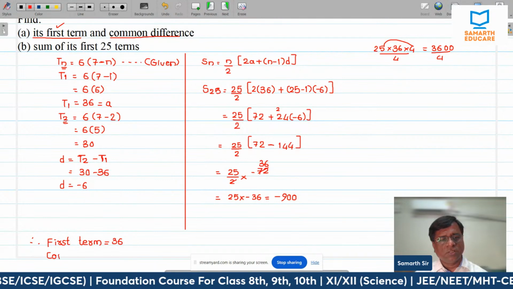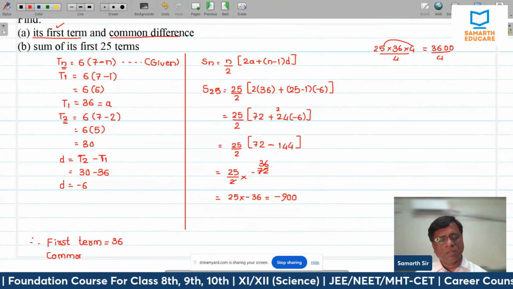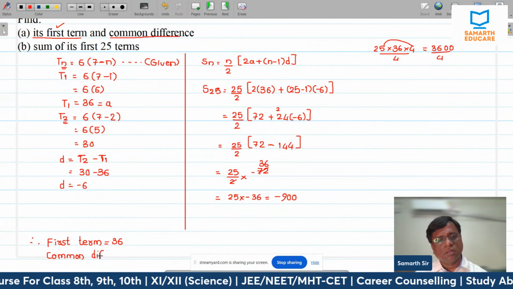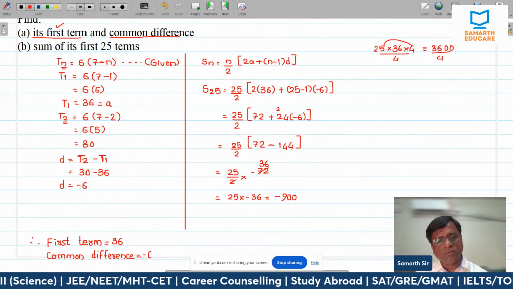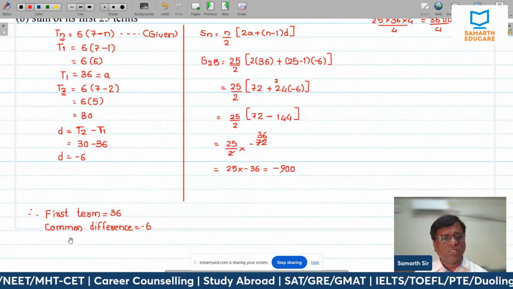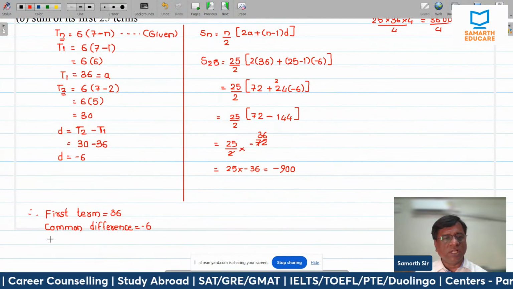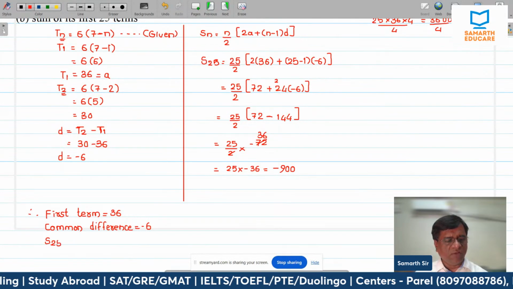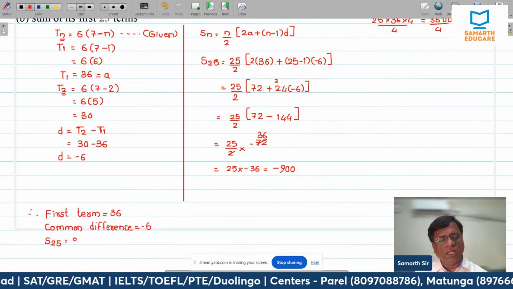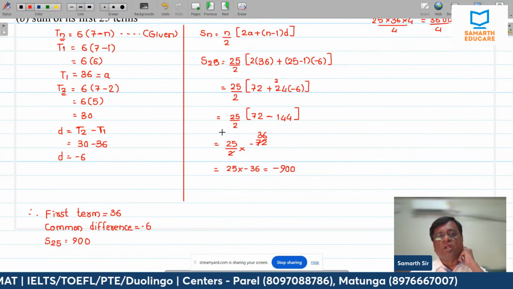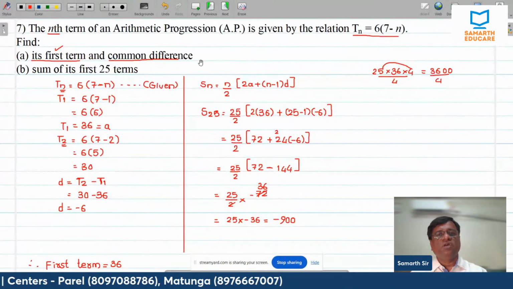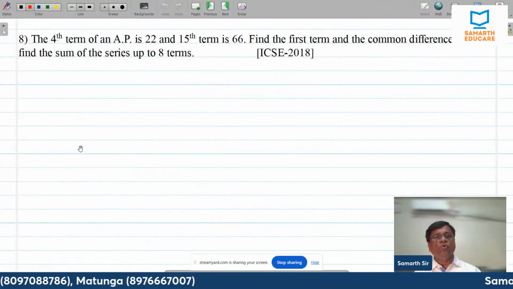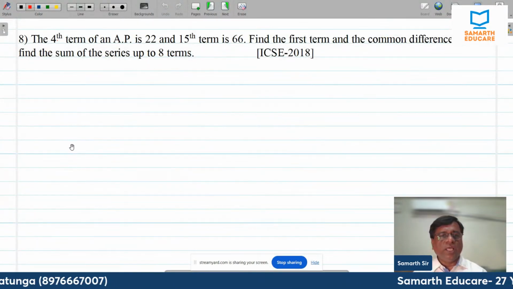Common difference is equal to minus 6. And the last part, sum of first 25 terms, in other words, S25 is equal to 900. All right, let me go to the next question now. We have completed 7 questions. Let's move on to the 8th question.